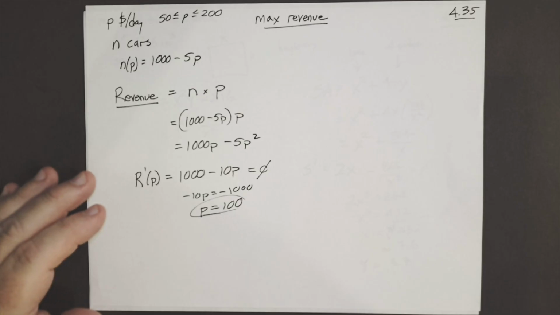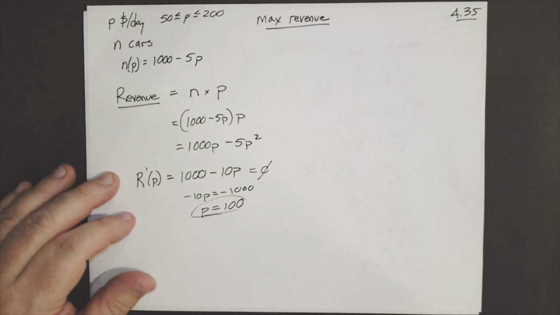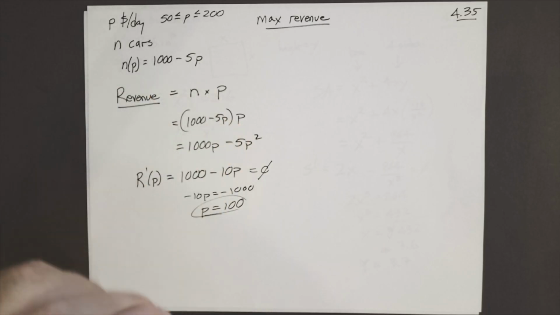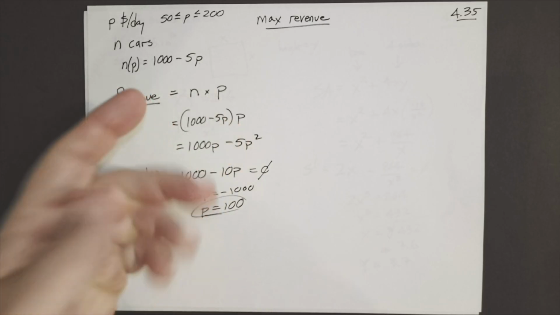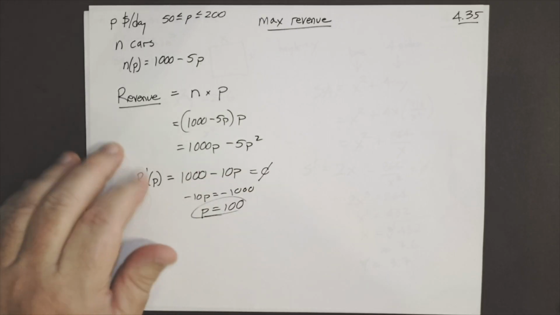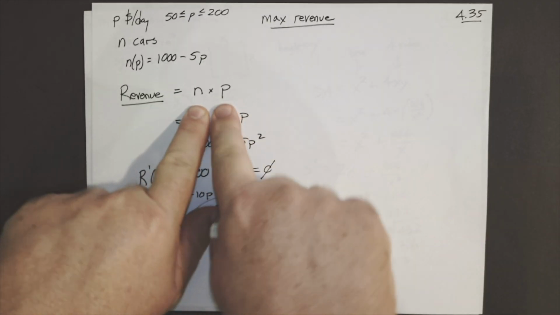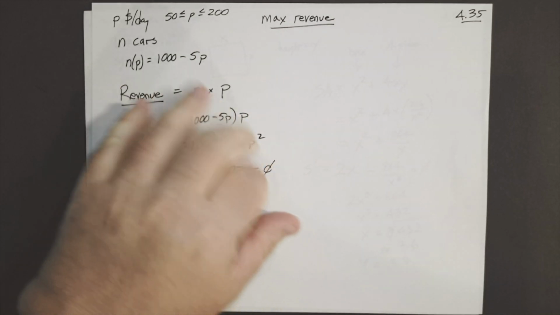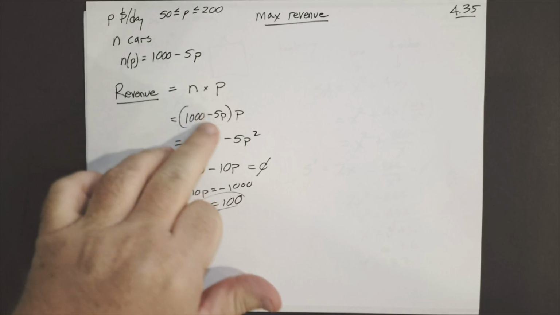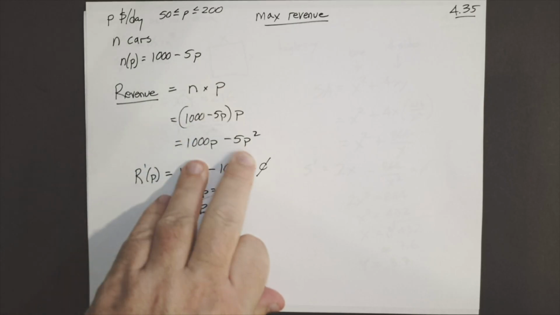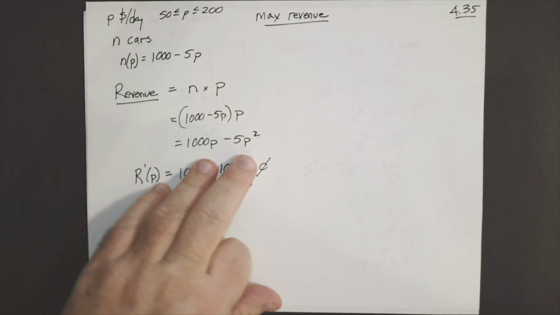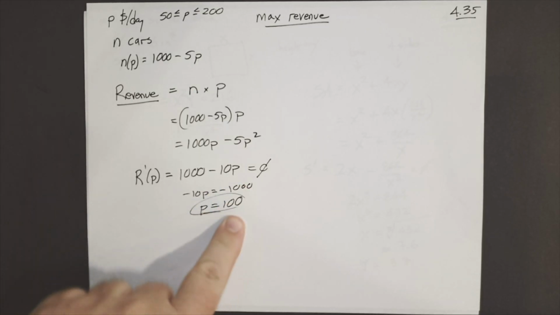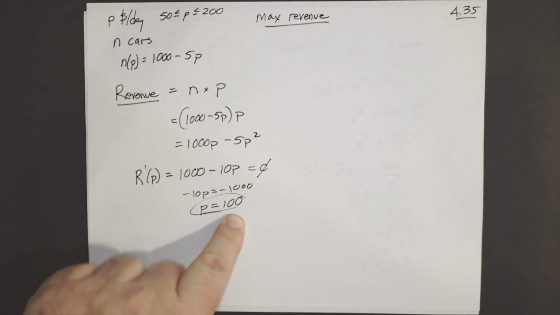Part of this is, I have to know, how do I calculate revenue from this? Well, revenue, the amount of money they make, is the number of cars times how much they charge per car. So number of cars times the price per car. That's the revenue function. We have what N is right here, so I can plug that in, distribute that P, and then I have this, so I can find revenue prime, which is this, and so the price is $100.